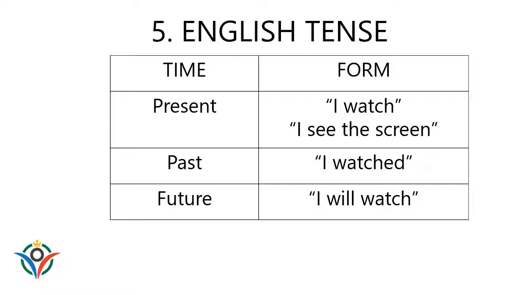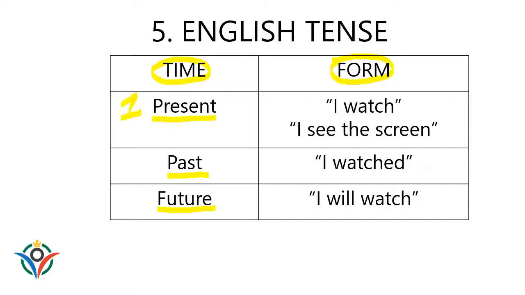So English tense refers to both time, that is when the action of the verb takes place, and the form of the verb. So we have three time frames which you should be familiar with already: the present, the past, and the future. So let's take a look at these in more detail. Firstly, the present.